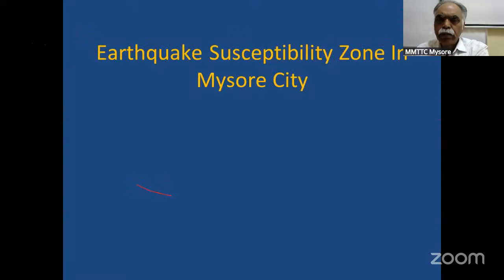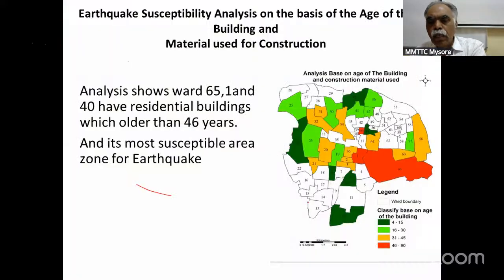The Mysore City earthquake susceptibility zone map has been done as a project work, and you can find that all 65 wards have been taken into consideration. Different data has been collected: satellite data as well as population data, house buildings, and the year of construction.